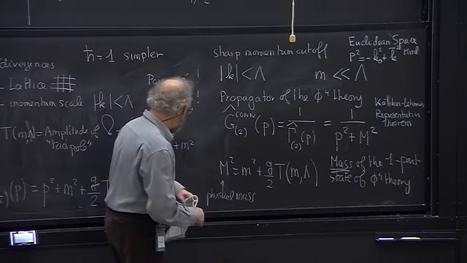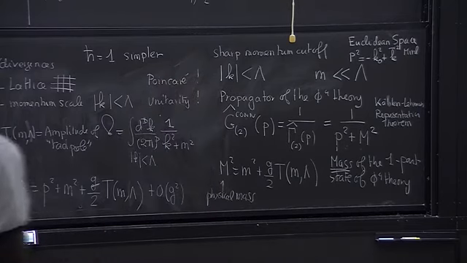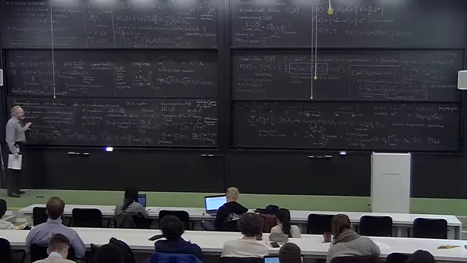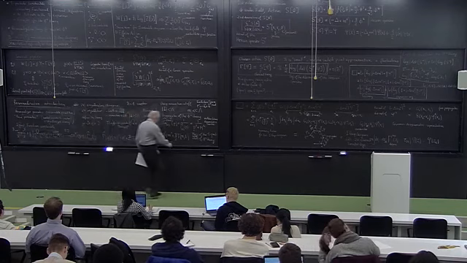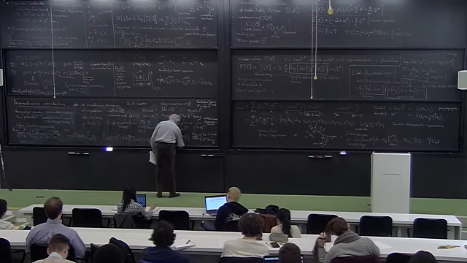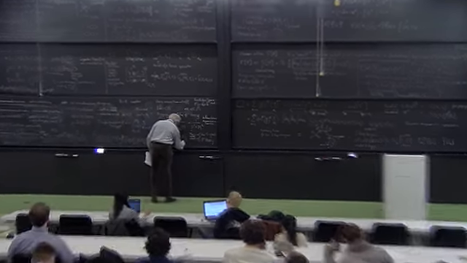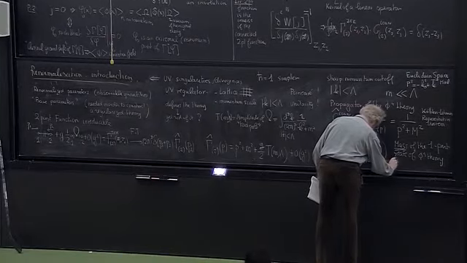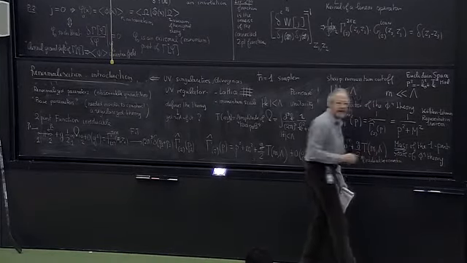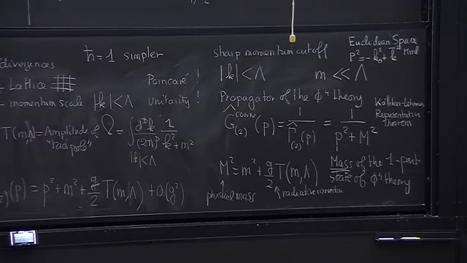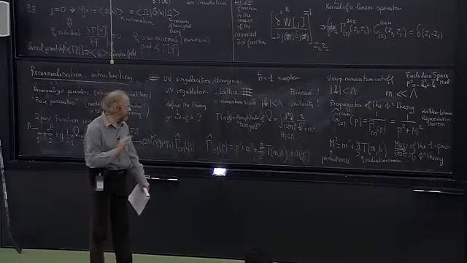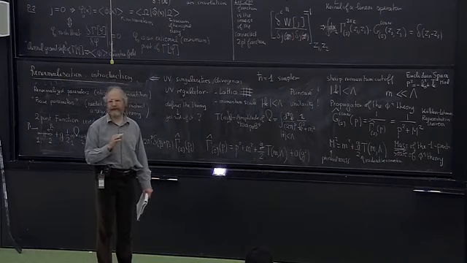And m is just a parameter in the action we started from. So you see that there are radiative corrections to the mass, and that's an effect that I'm sure you have started to study in QED, because in QED it's exactly the same phenomenon.